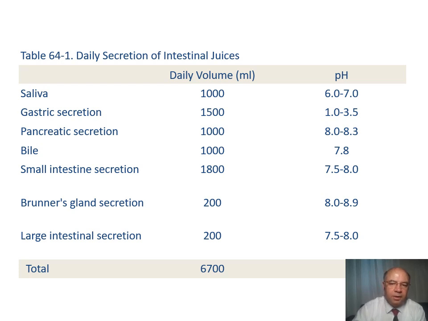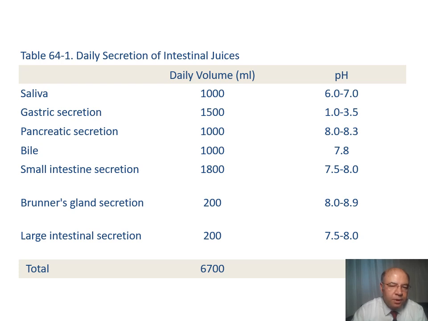and bile is also a little bit alkalic, and then around 1 liter in a day. Small intestinal secretion is also alkalic. pH varies between 7.5 to 8 and about 2 liters per day.